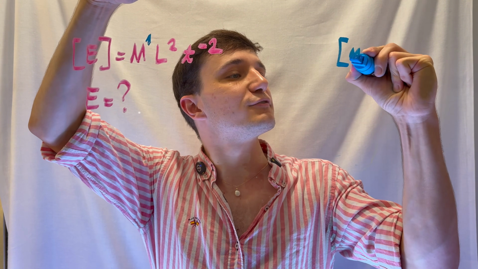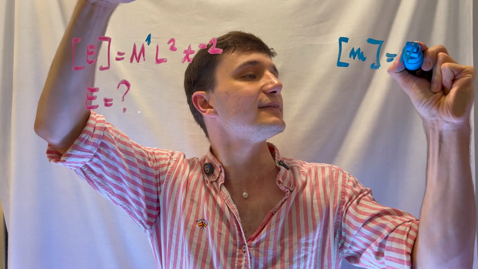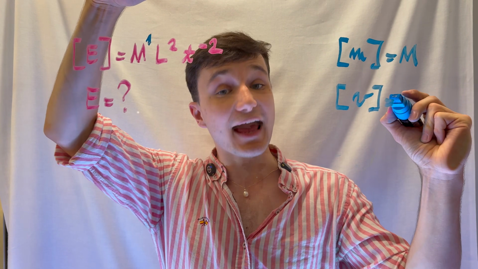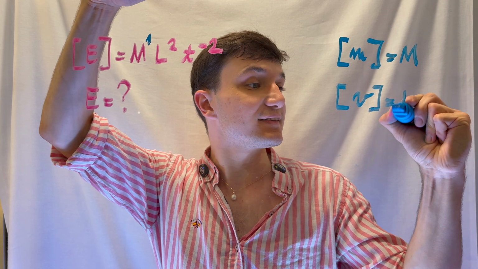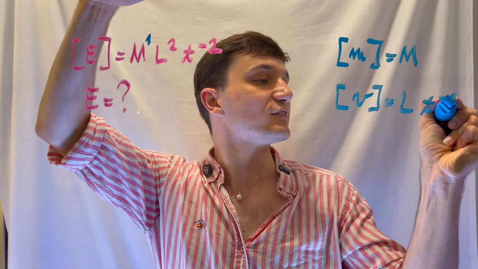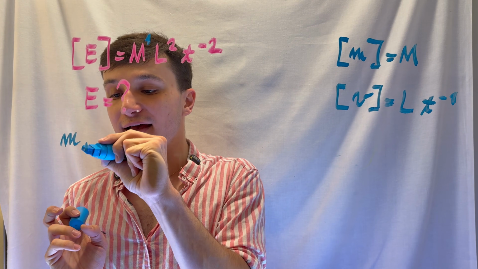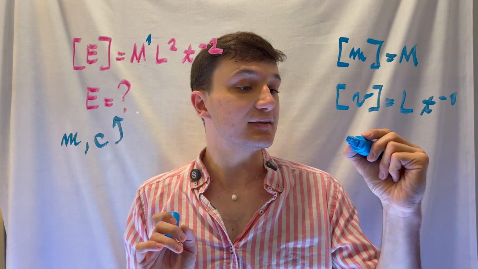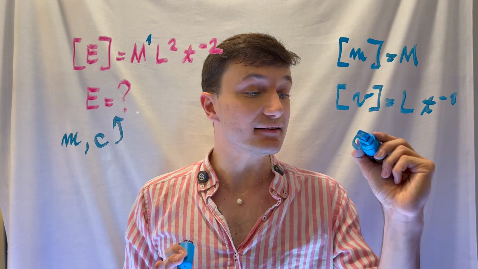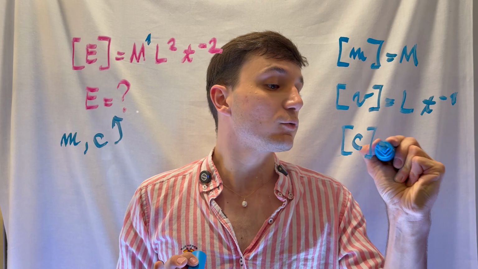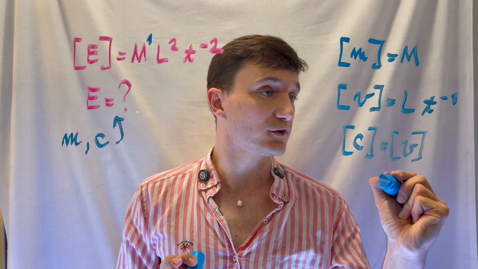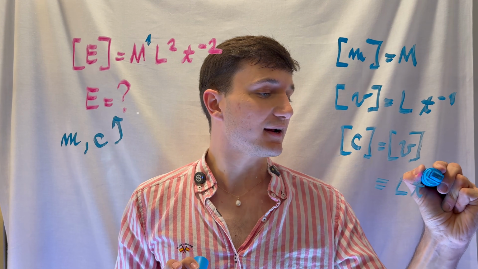The dimension of mass, as we established before, is M. The dimension of speed is going to be, as we proved previously, L t to the minus 1. We want to include m and c, c being the speed of light. Since c is a form of speed, the dimensions of c will be equal to the dimensions of speed. So they will, of course, be L t to the minus 1.